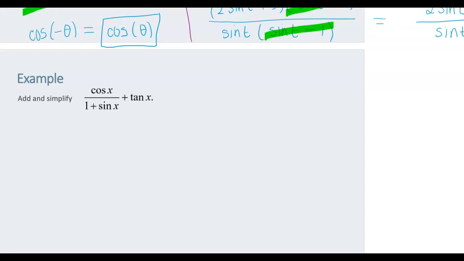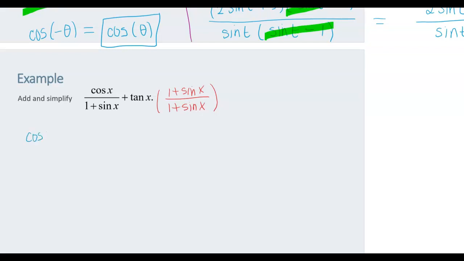So I'm going to start by multiplying this first term by 1 plus sine of x over 1 plus sine of x. I'm doing that so that both terms have the same denominator and I can combine them together.